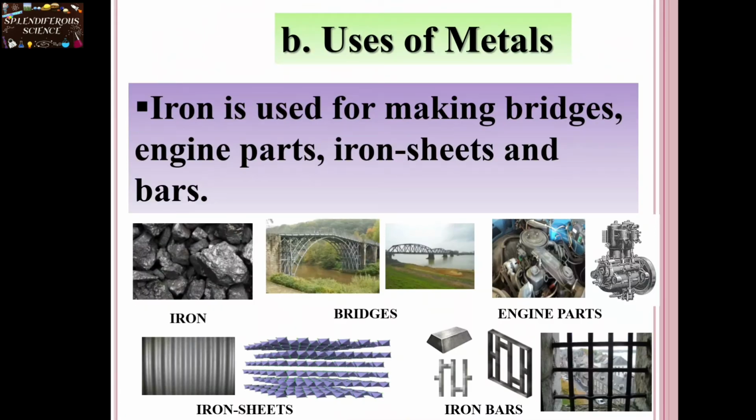Uses of metals. Iron is used for making bridges, engine parts, iron sheets, and bars.